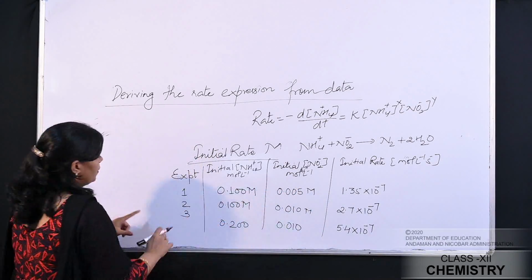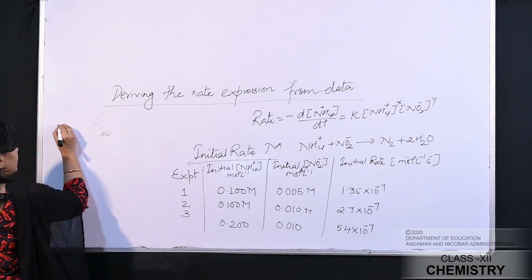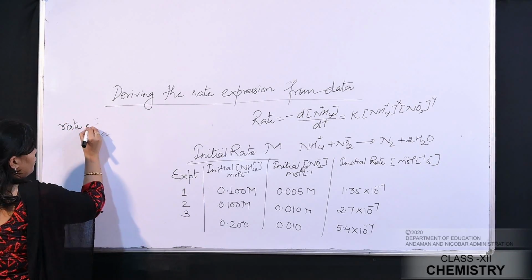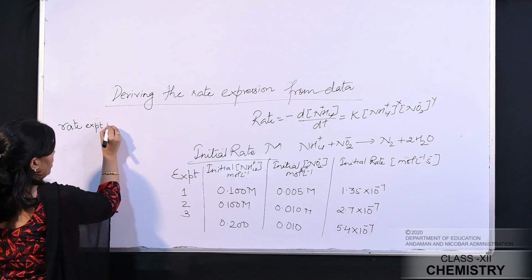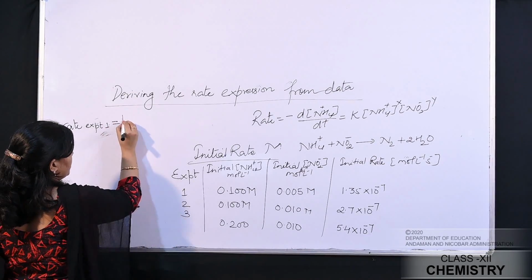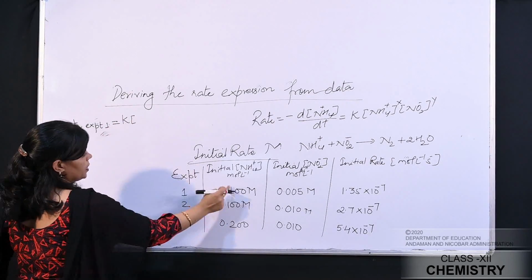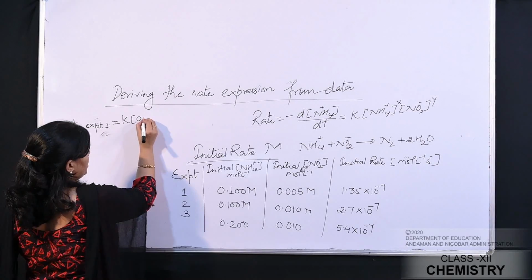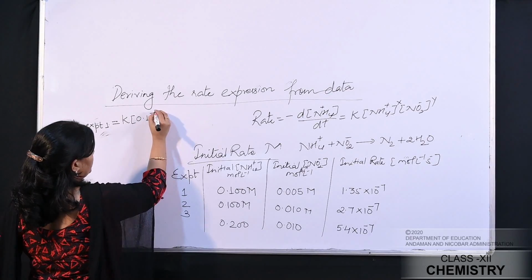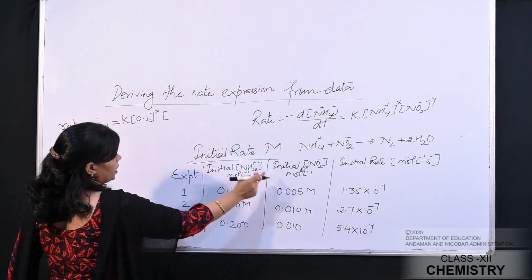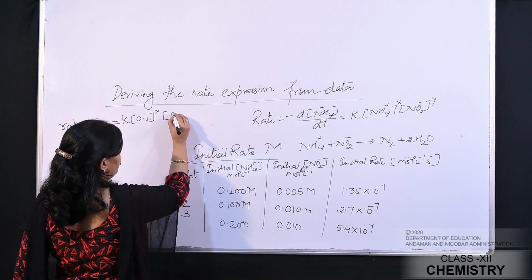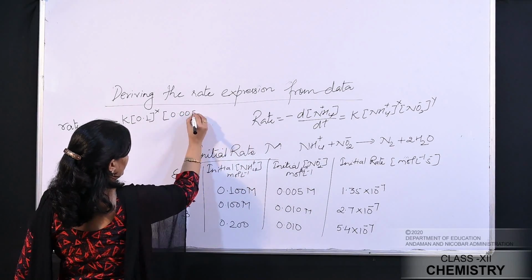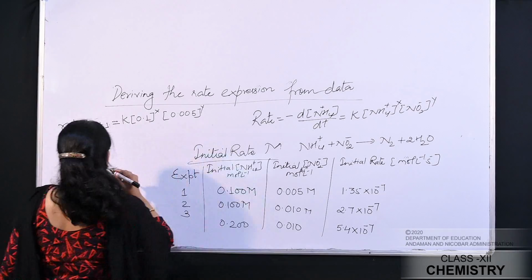So the rate for experiment 1 is equal to k, the concentration of ammonium is 0.1 power x, and the concentration of nitrite is 0.005 power y.